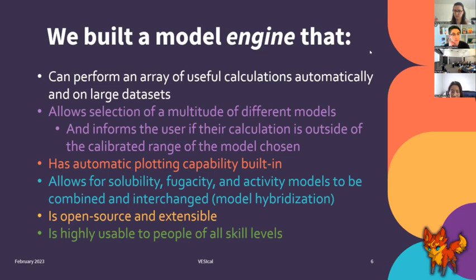That's something you can do with VESIcal. Like I said, it's open source and extensible. And one really important thing to us, which is becoming more and more apparent as critical in this age of modeling, is that we wanted this tool to be highly usable to people of all skill levels. Next slide, please.